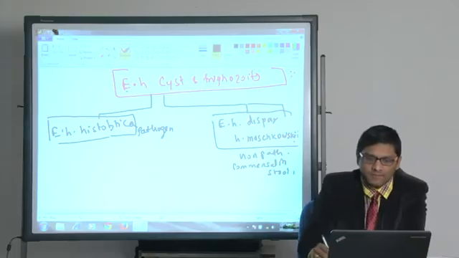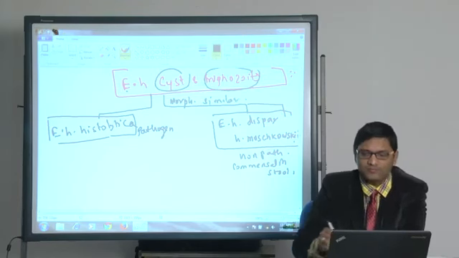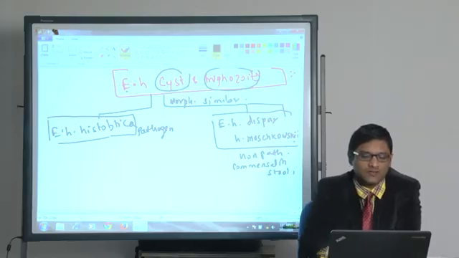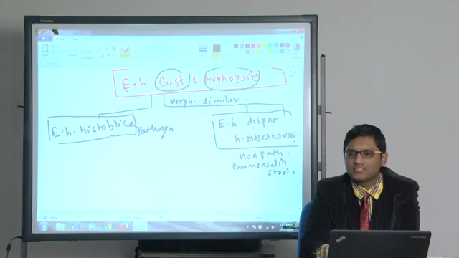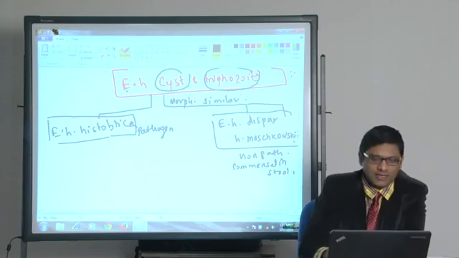The cyst and trophozoite of all the 3 subspecies are morphologically similar. You cannot differentiate them. Hence, the best way to differentiate these 3 subspecies is by doing a PCR.